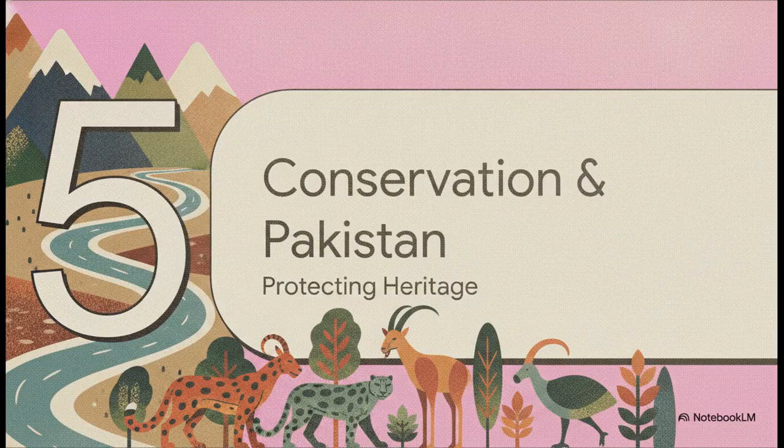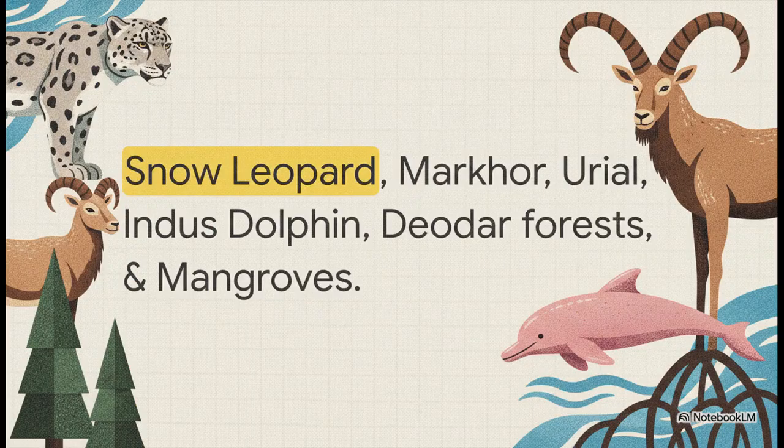So let's talk about what we can do in Section 5, Conservation and Pakistan's role, focusing on protecting our heritage. Now, what's really interesting about this next part is that it isn't just some random list of animals and plants. These are Pakistan's precious natural treasures. We're talking about the magnificent snow leopard, the iconic markhor, the urial, the super rare Indus dolphin, the sprawling deodar forests, and the vital coastal mangroves.